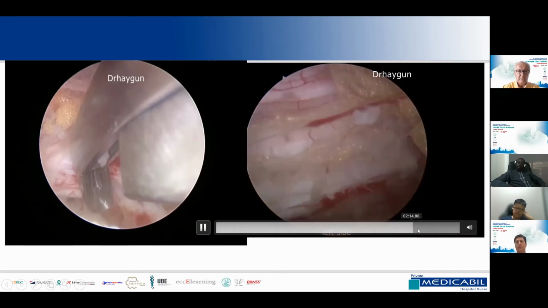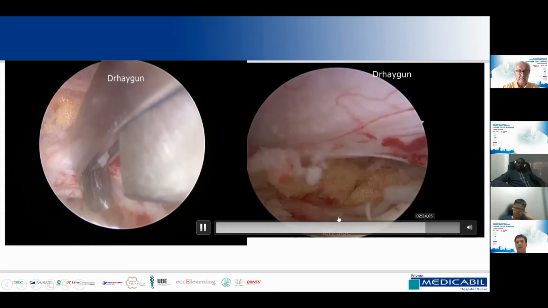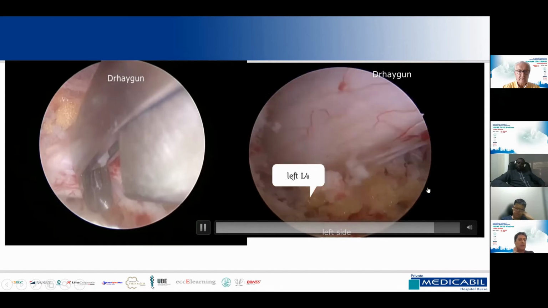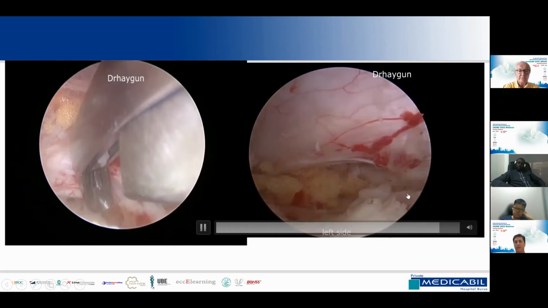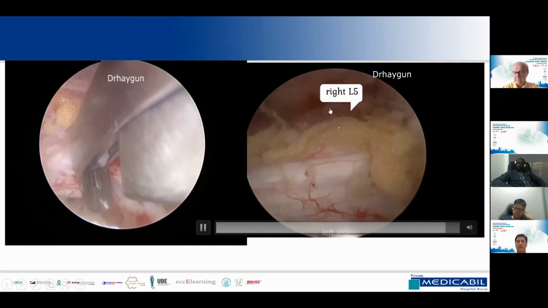Now you can see foraminal decompression. Yes, this is the left L4 and the L5 here. Then again contralateral side L5.